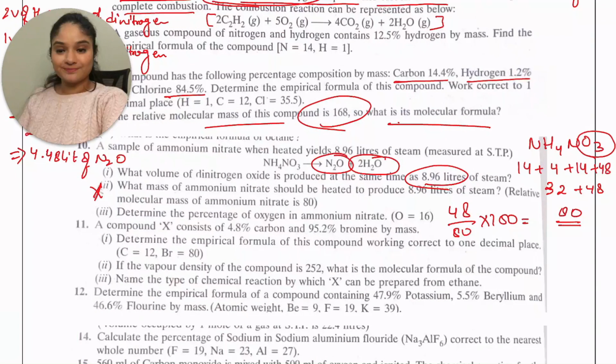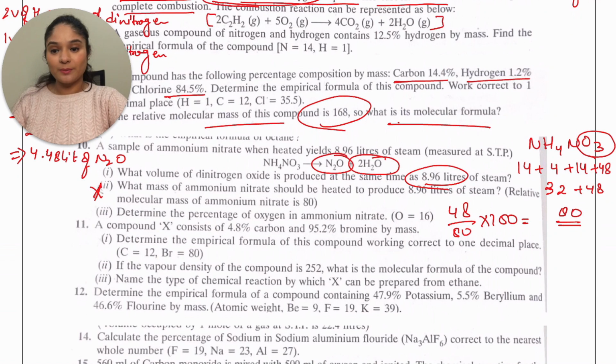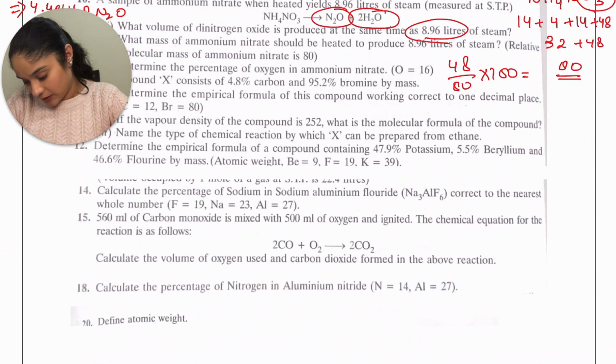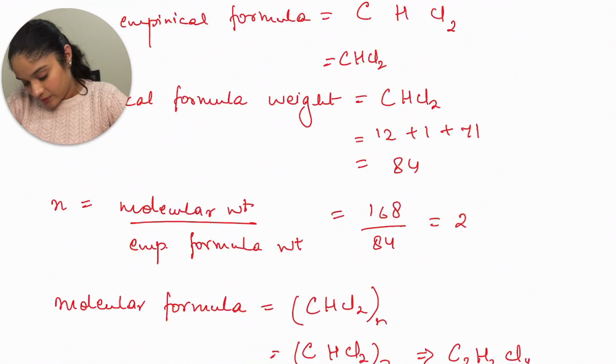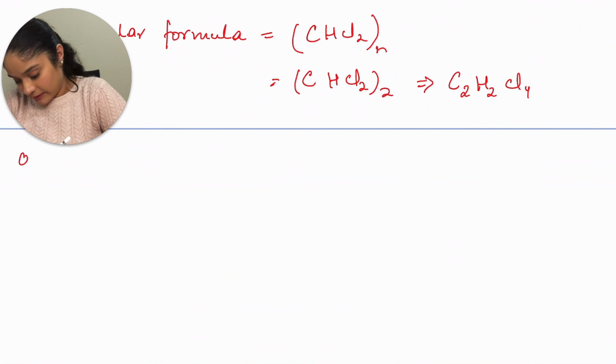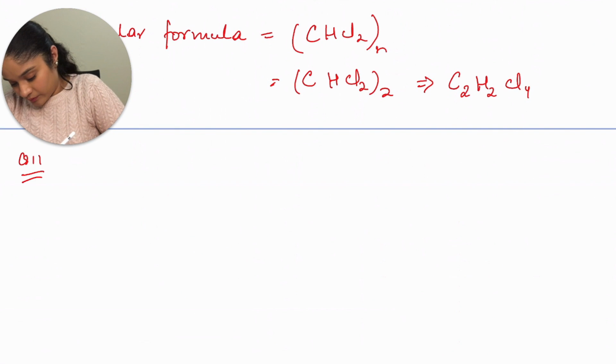Okay, then let's move on to question number 11. Question number 11 is again empirical formula. So I'll be making the chart on the next page. A compound X contains 4.8% carbon, 95.2% bromine by mass. Okay, we are on question 11. So we'll again start with the same things.